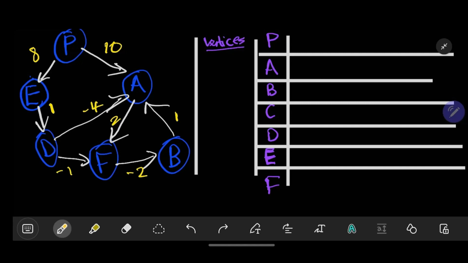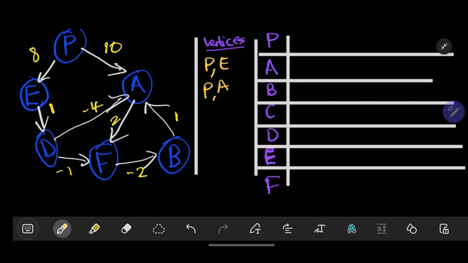Now, the first step that I want you to do, and this is the first hint that I'm going to give you, is go ahead and jot down all of the edges that you can find. So we can find the first edge as PE. Then we have PA.